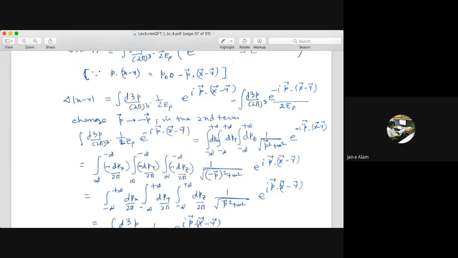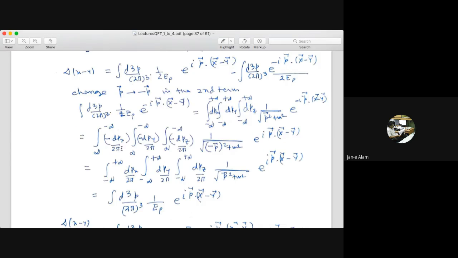Now I have to change the sign. So dpx had a negative sign, a negative sign, and a negative sign. And then I should also invert the integration limit, infinity to minus infinity. So that is what I have to do. And then this will not change sign because it is a function of p square. And this has just become a plus sign, right?